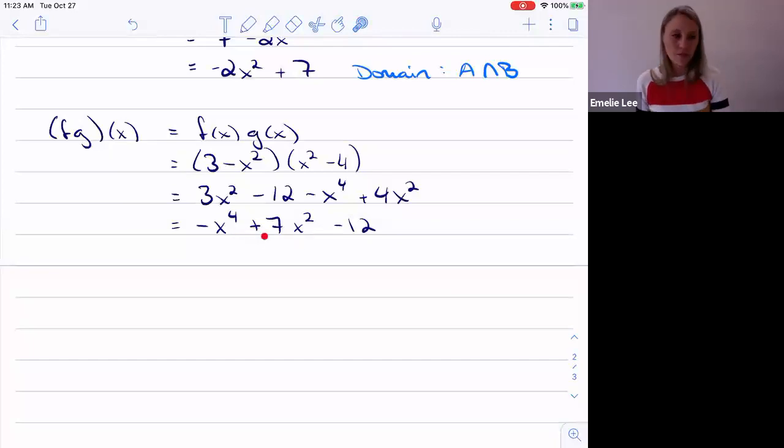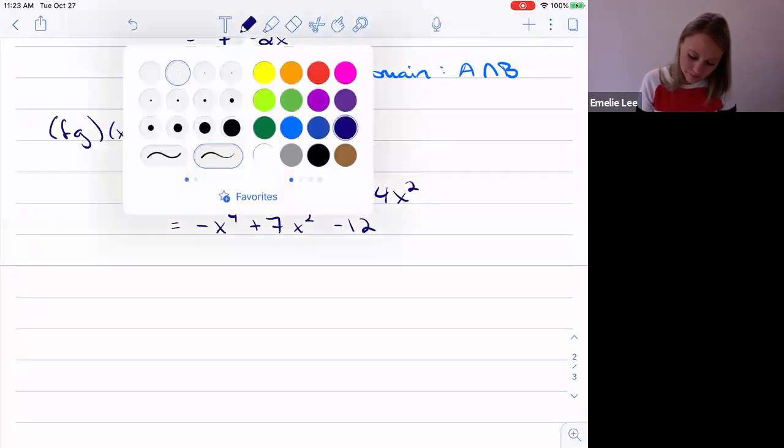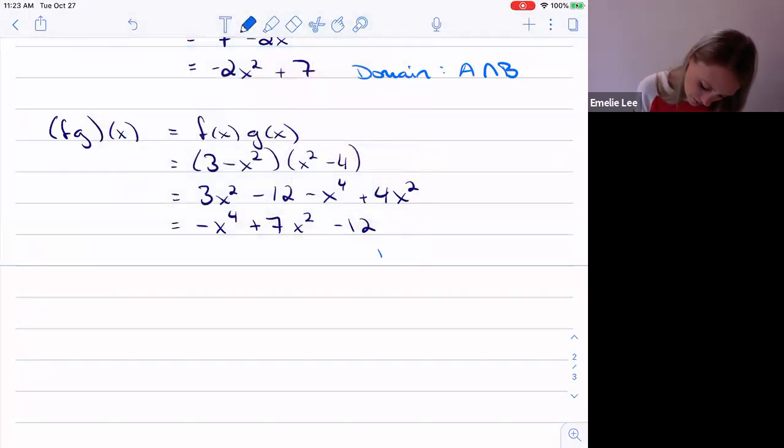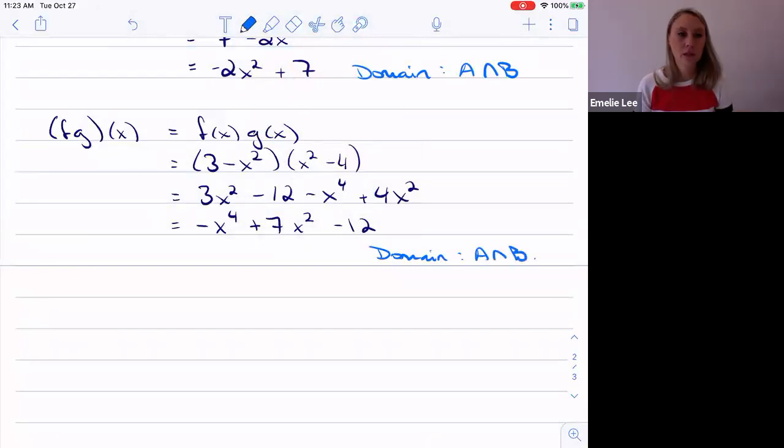And if you're pulling a fast one like I just did here, then make sure that you're double checking your work, right? So 3x squared plus 4x squared is 7x squared, minus x to the 4th, minus 12. Okay, looks like they're all there. And the domain again is A and B.